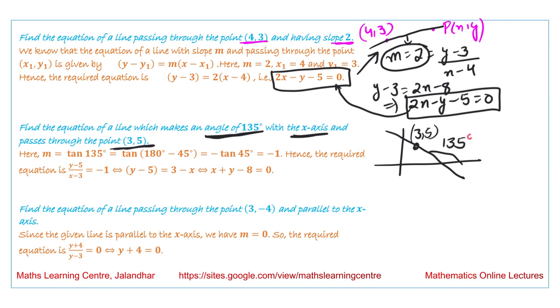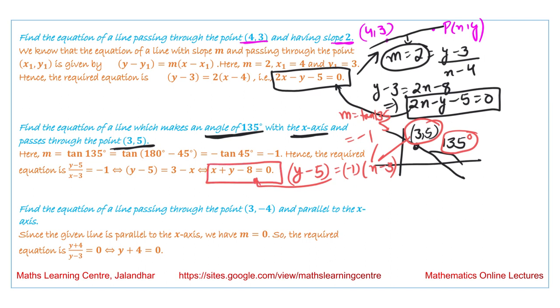So from this angle 135 degrees, the slope of this line m is equal to tan 135, that is equal to minus 1, it is minus of tan 45. We have this point 3 comma 5. So the equation of the line is y minus 5 equal to minus 1 into x minus 3.